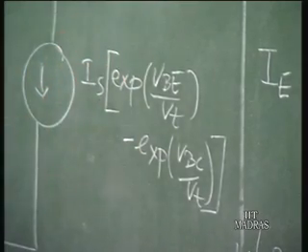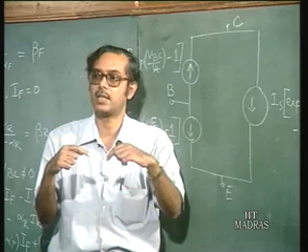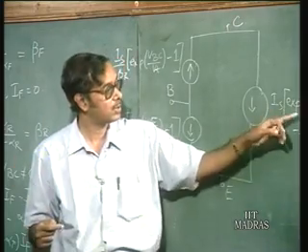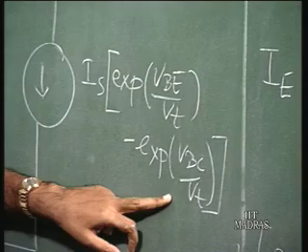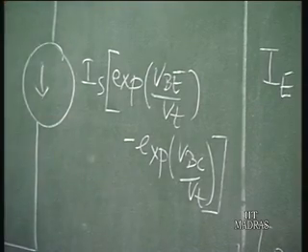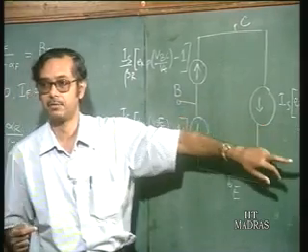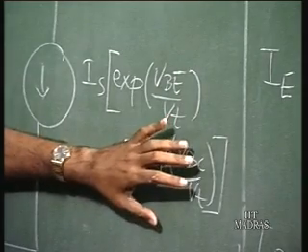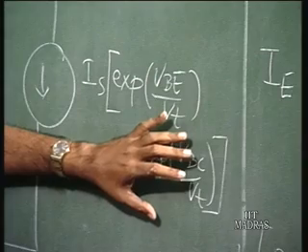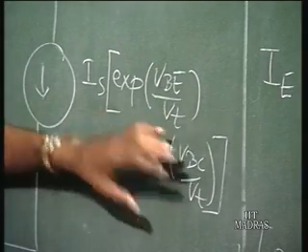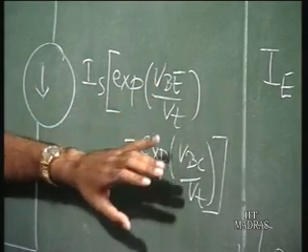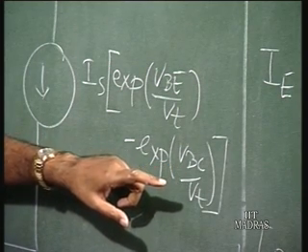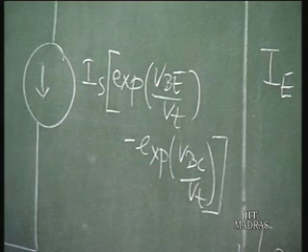In saturation, both the junctions are forward biased, base emitter as well as base collector. So, this is the difference. The collector current is mainly made up of this component, which is the difference. If the collector base junction is reverse biased, this component is almost 0, because it is very small compared to this component. So, in fact, the current does not change much when you go on increasing the base collector voltage.